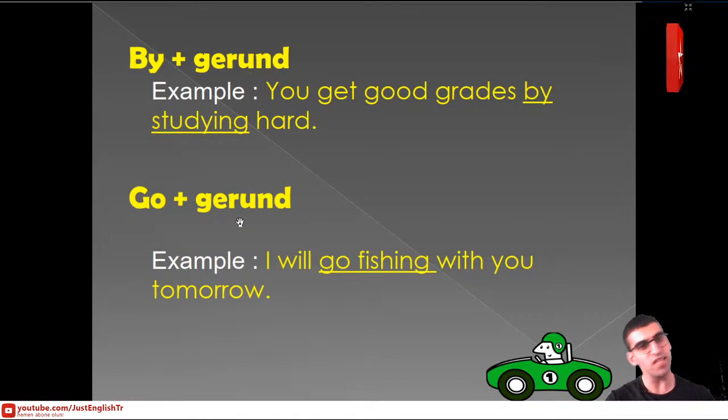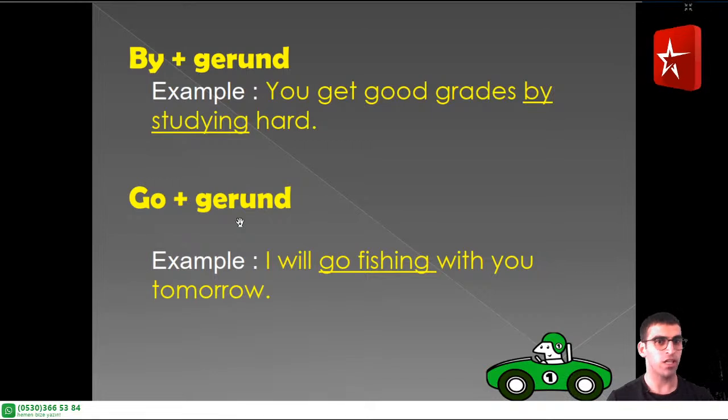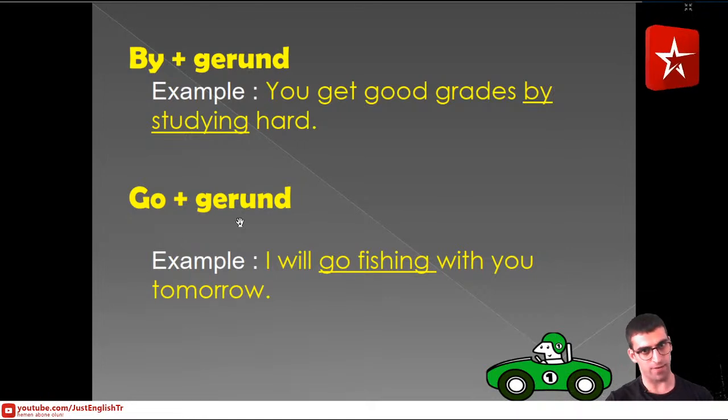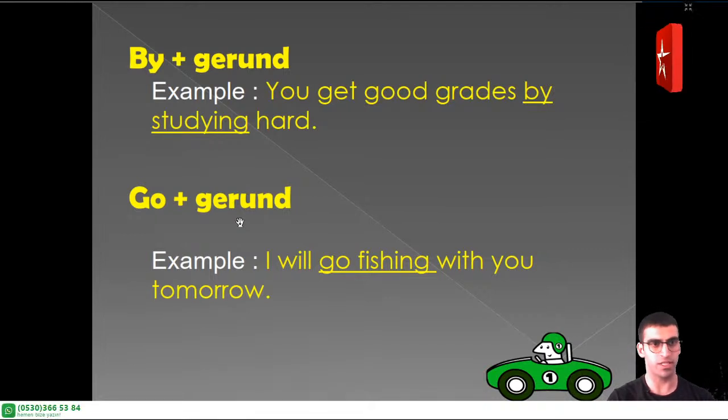And the next one is about go plus gerund. Go. I'll go fishing with you tomorrow. Go fishing, go plus ing. For example, my friend goes hiking every year. So go plus verb with ing, always this structure we use.